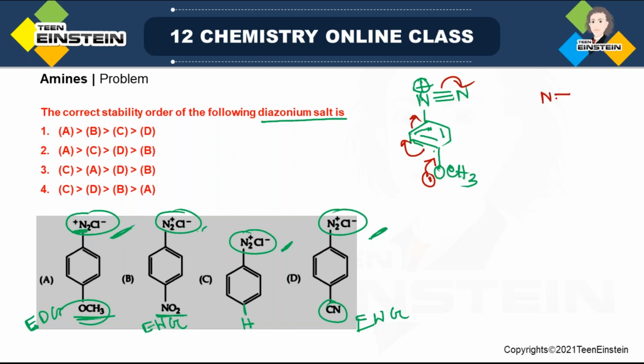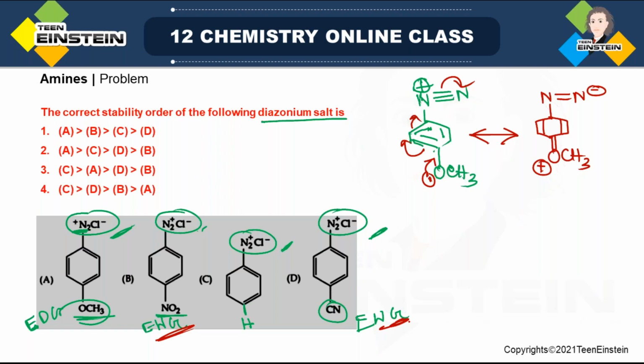The new structure you get should be something like this: double bond, then OCH3, negative charge over the terminal nitrogen, positive on the oxygen. Because of this type of resonance, this molecule is very stable. But if there is an electron withdrawing group, obviously stability will decrease. So A should be maximum stable. After that, B, C, D will come.